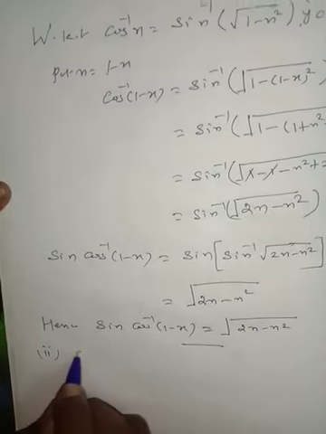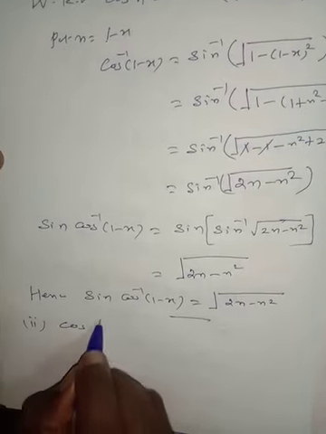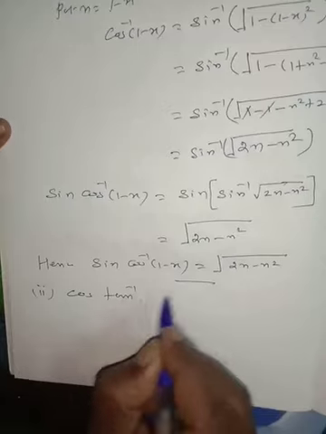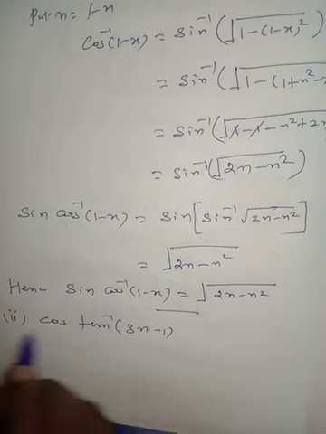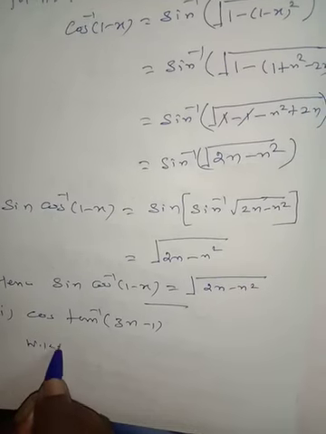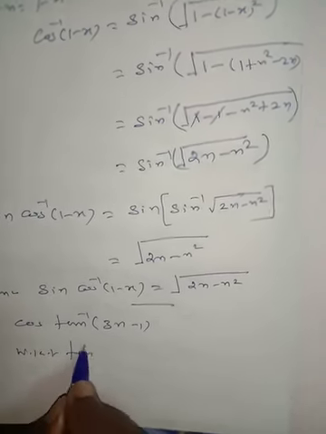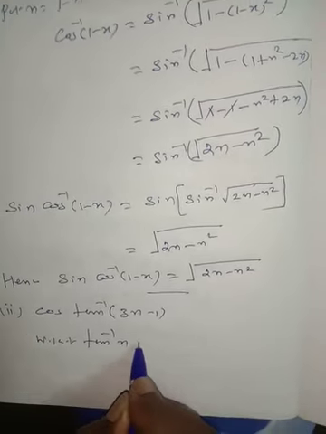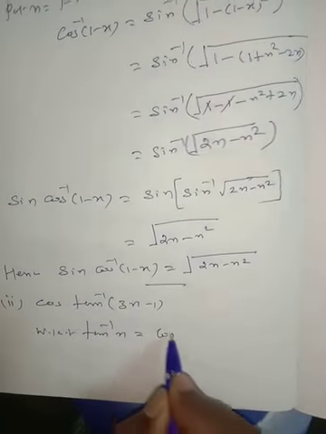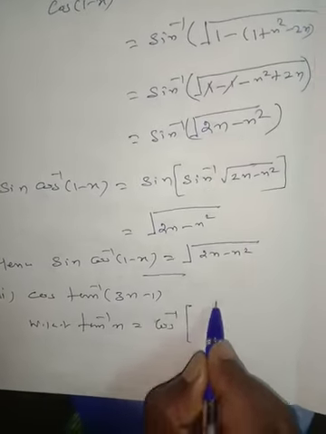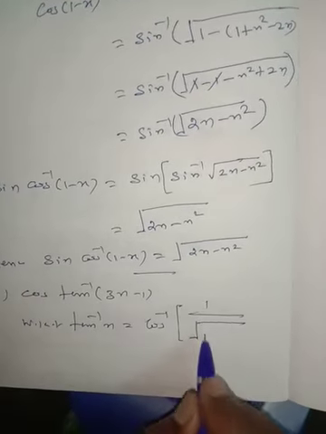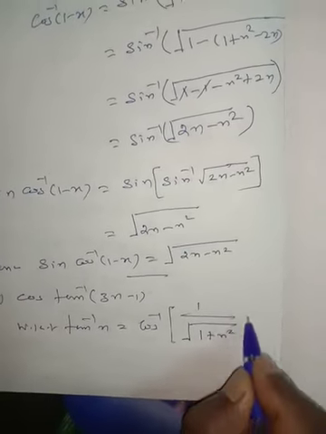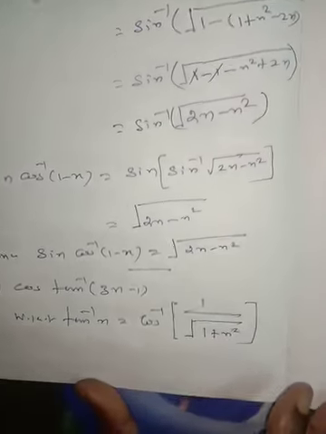Solution number 2. Find the value of cos of tan inverse of 3x minus 1. We know that tan inverse of x is equal to cos inverse of 1 by root of 1 plus x square.